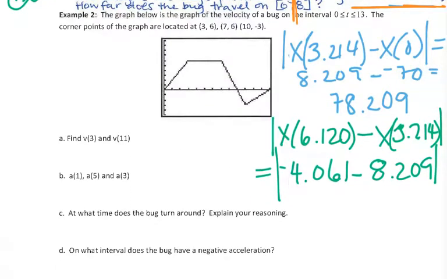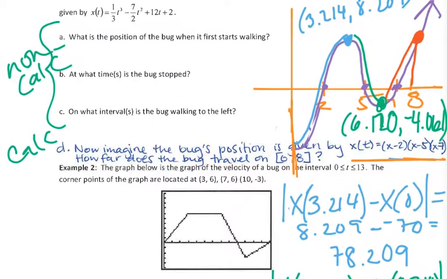Okay, so when we subtract that and take the absolute value, we get 12.27. Okay, so that's the distance traveled on that next section. And again, we're not talking displacement, but where it ends up in the end, just like how many feet the bug has traveled overall. And then we do something similar for the red section.